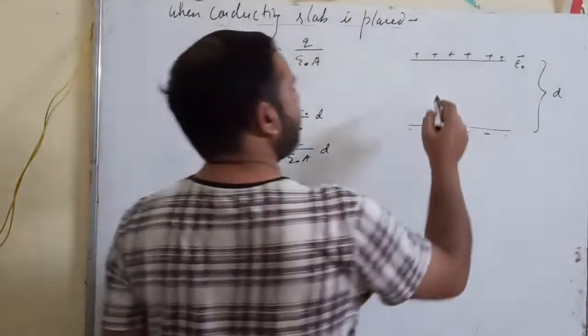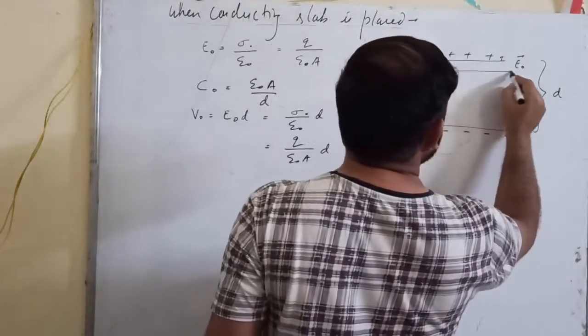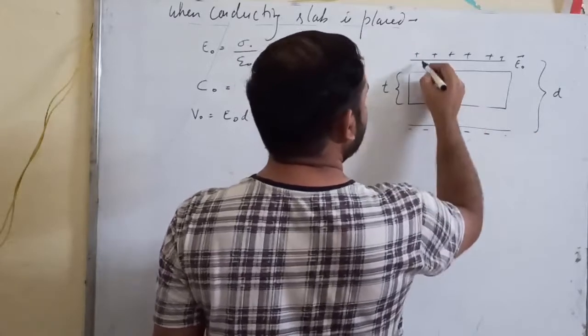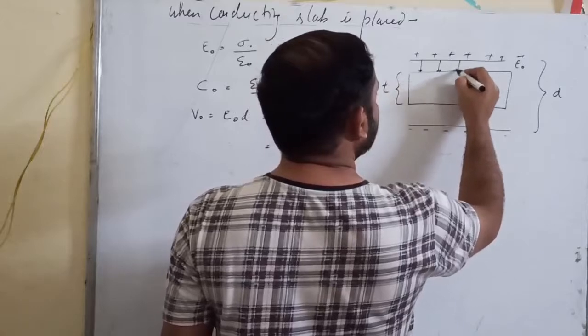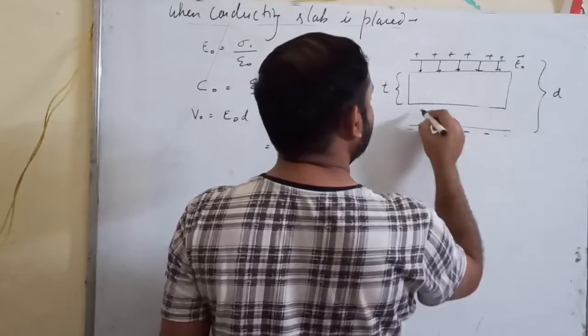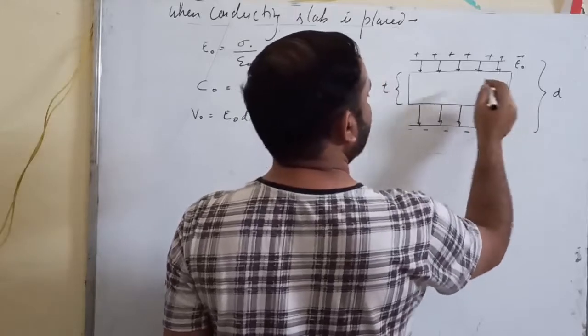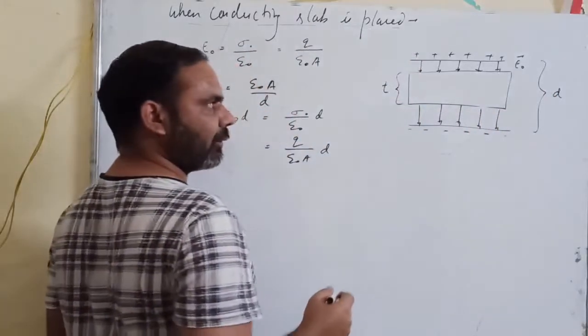Now we introduce a conducting slab between the plates with thickness T. Outside the slab, the electric field is E0.